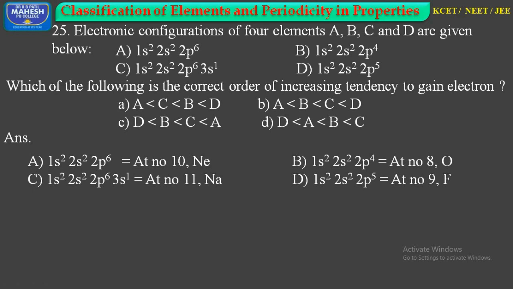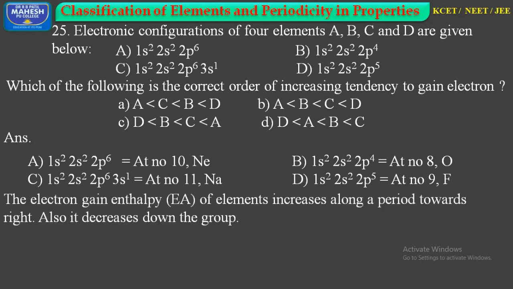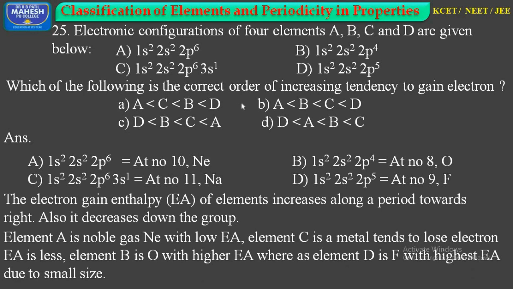So students, the electron gain enthalpy or electron affinity value increases along a period, that is from left to right, and also decreases down the group. Element A is a noble gas, neon, with low electron affinity, whereas element C, students, is sodium metal, which tends to lose the electron. Thus, electron affinity of element C is less.